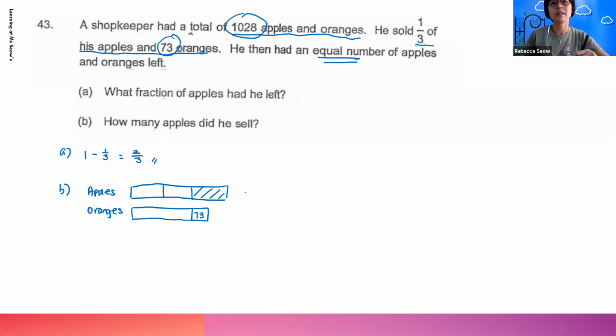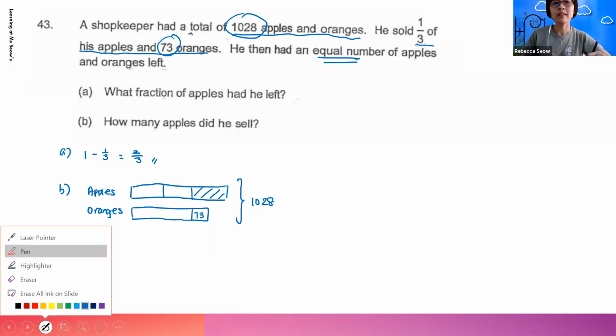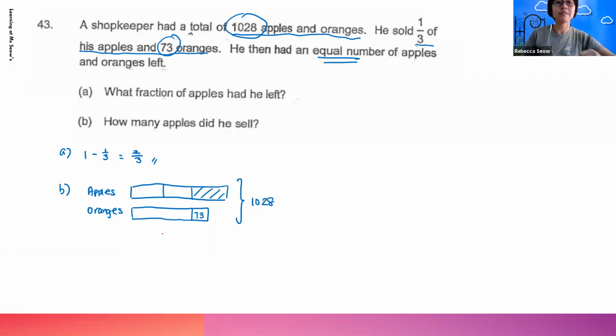Yeah, we realize that this is a total, so we could put it by the side here. Total of 1028 apples and oranges. However, you notice that for the units for apples and oranges, they're of different sizes. So what we could do to the big unit under oranges, we could divide it into 2 smaller units.